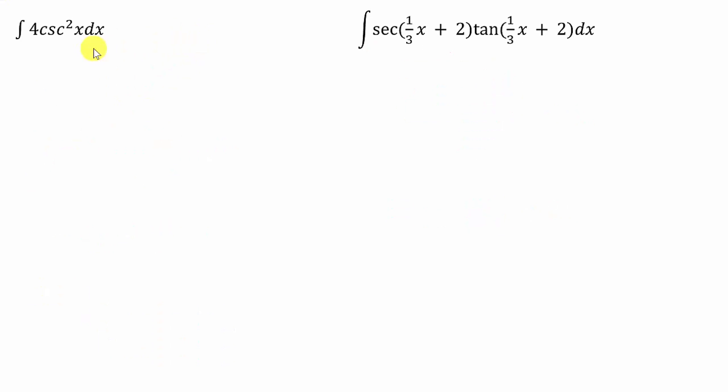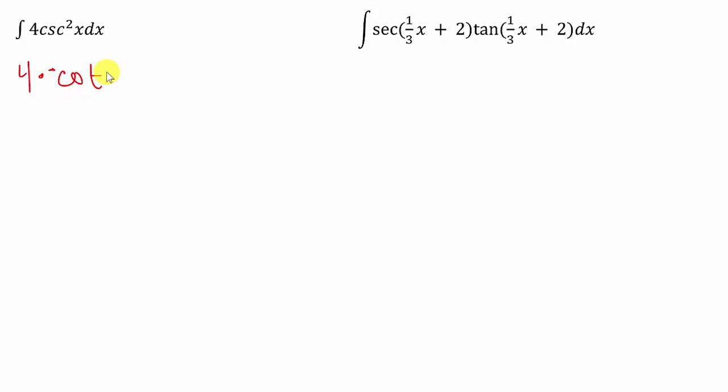Okay, take another minute and try this problem. Okay, so this is cosecant squared, and I do have a 4 in front, so I'm going to have 4 times. And we have to ask ourselves, what can I take the derivative of that gives me cosecant squared? Well, we know that that is cotangent, but remember, when I integrate, if I have a c starting with my answer, then it's going to be negative.